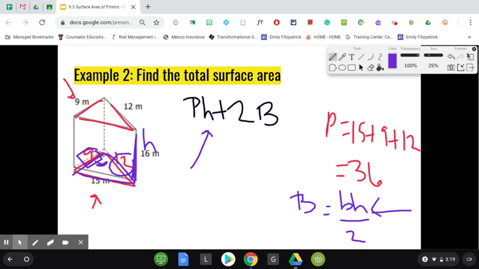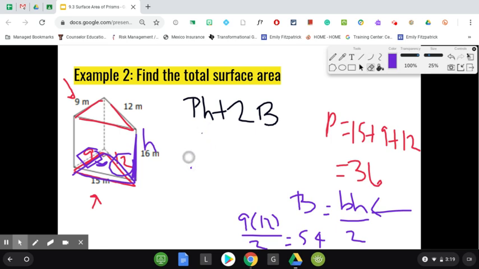So I'm going to plug the 9 and the 12 in. So I'm going to have 9 times 12 divided by 2. And that's going to give me 54. So 54 is the big B. Okay, so now we have everything for the formula. We have the perimeter, we have the height, we have the area of the base.